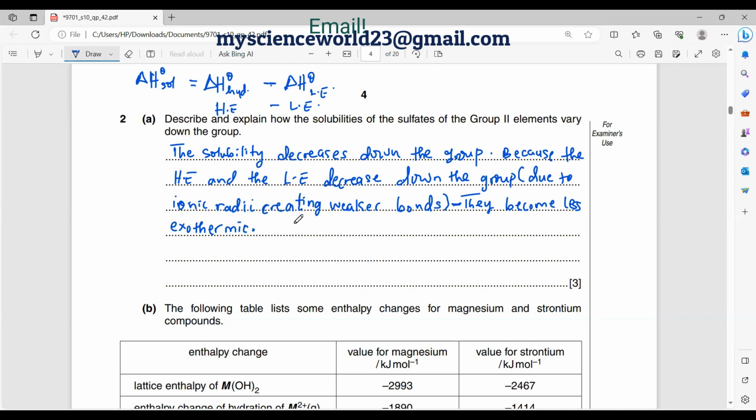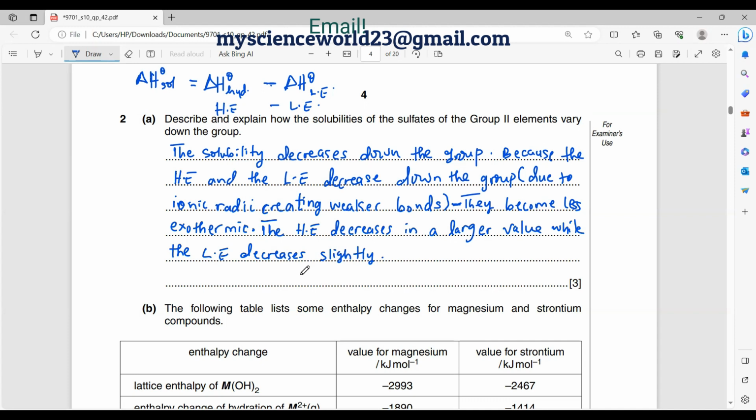Another thing you need to note here is that the hydration energy decreases by a larger value, okay? While the lattice energy decreases slightly. I'm changing my vocabulary here.